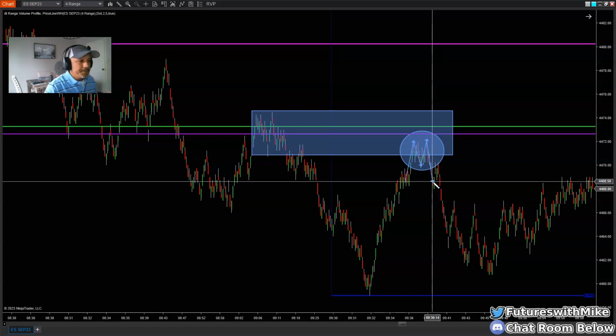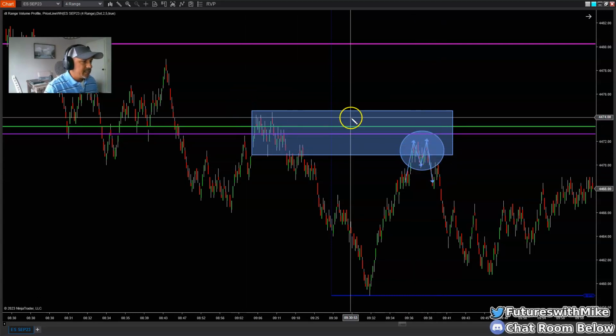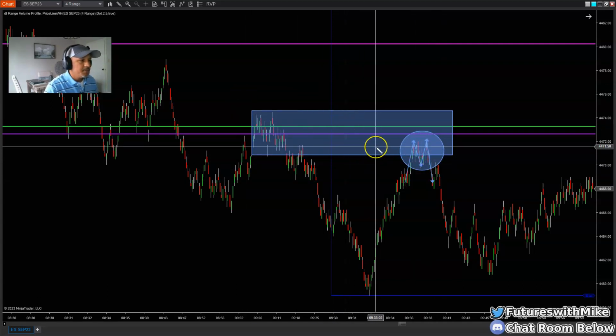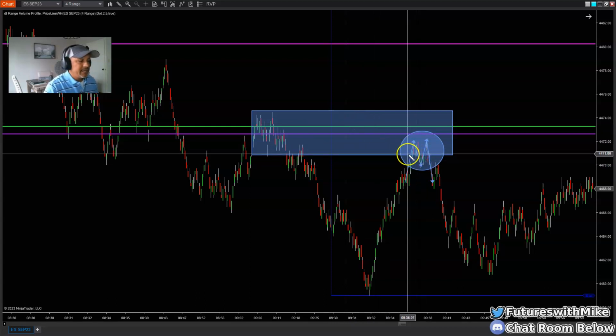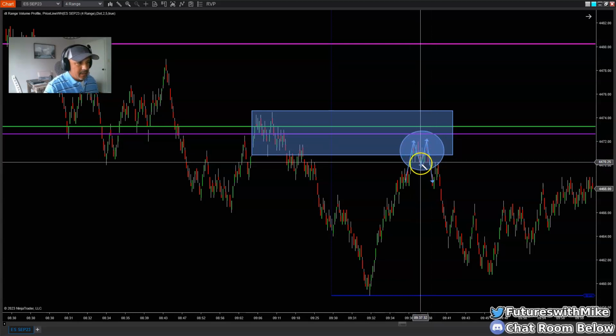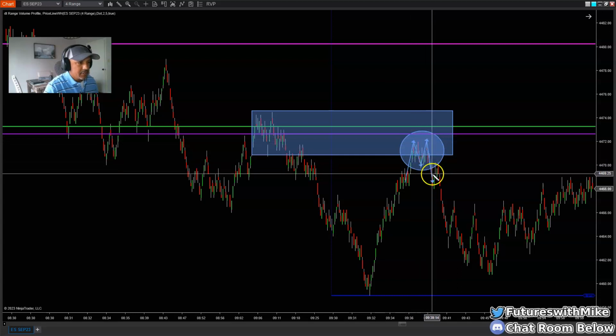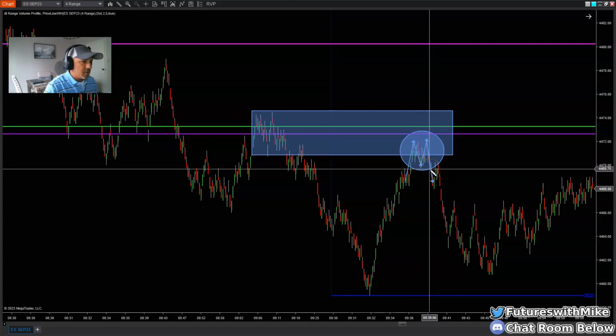Okay, so once we see this area where we get the M structure right here, this is our 12R supply zone. What I'm looking for is you get the rejection, boom, you get the break below this V-shaped area right here, right below that area, you can look to go short. So you'll be looking to go short around 69.5.